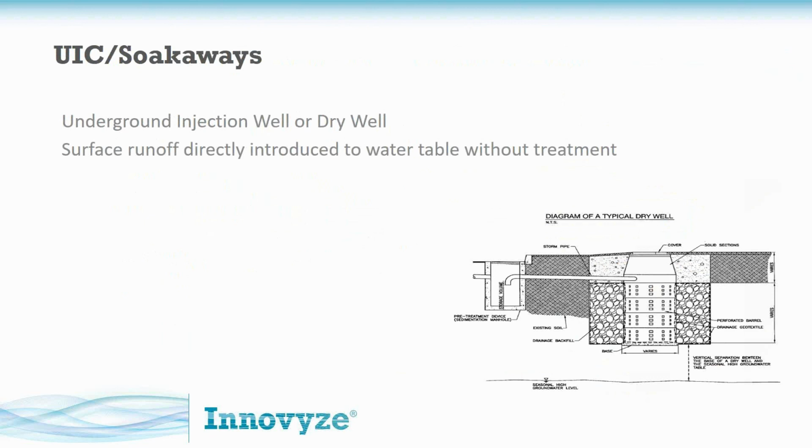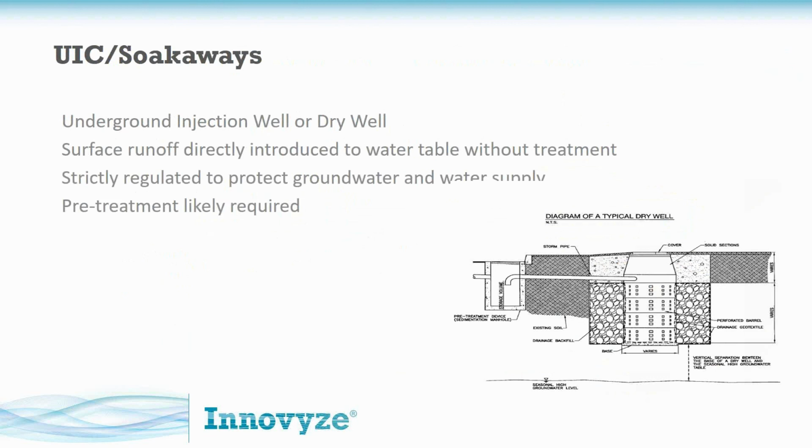I guess it's soil if you have a degree, and it's dirt if you don't, right? Moving water through soil is how you treat it and clean it up before it gets to the groundwater table. Directly infusing the groundwater table with potential pollution can be a concern, so these are strictly regulated for that reason.